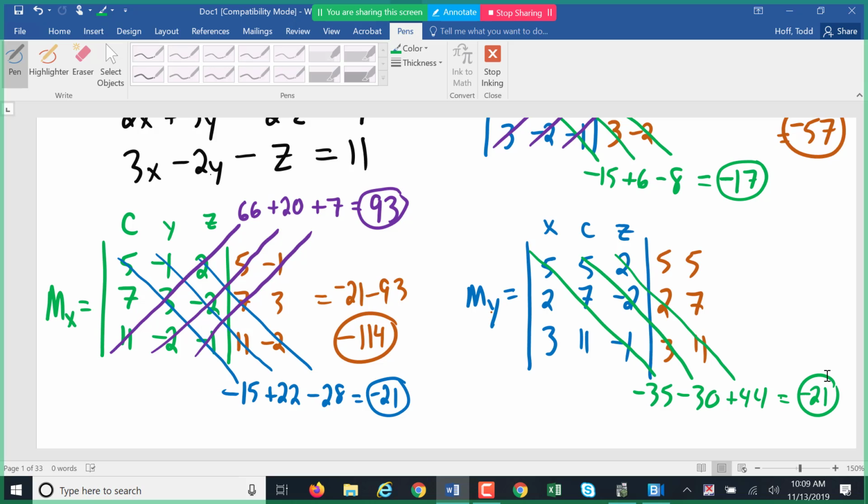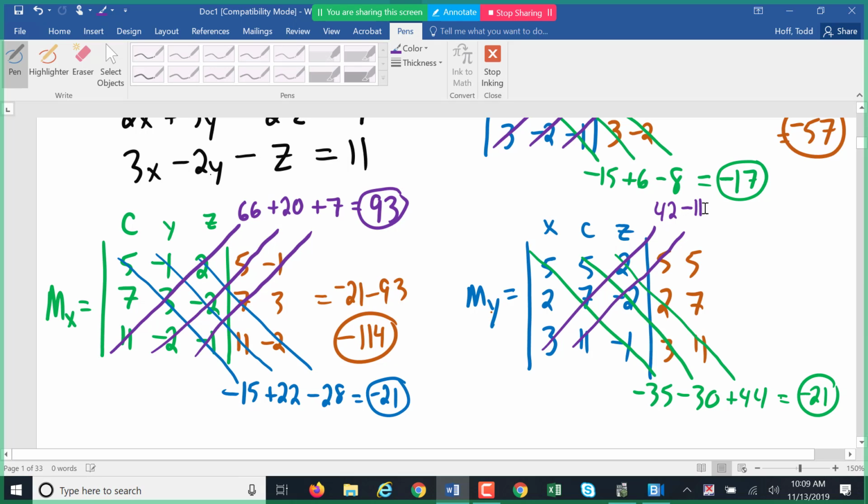So then we start our up diagonals. 3 times 7 times 2 is 42. 11 times negative 2 times 5 is a negative 110. Negative 1 times 2 times 5, or sorry, is a negative 10.